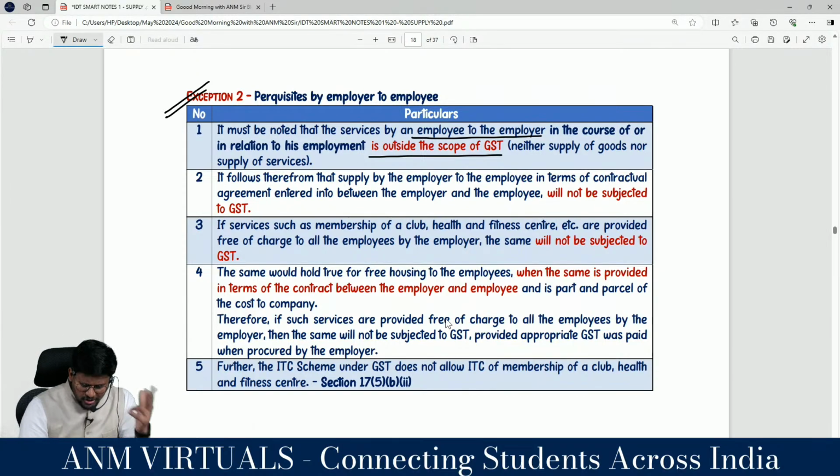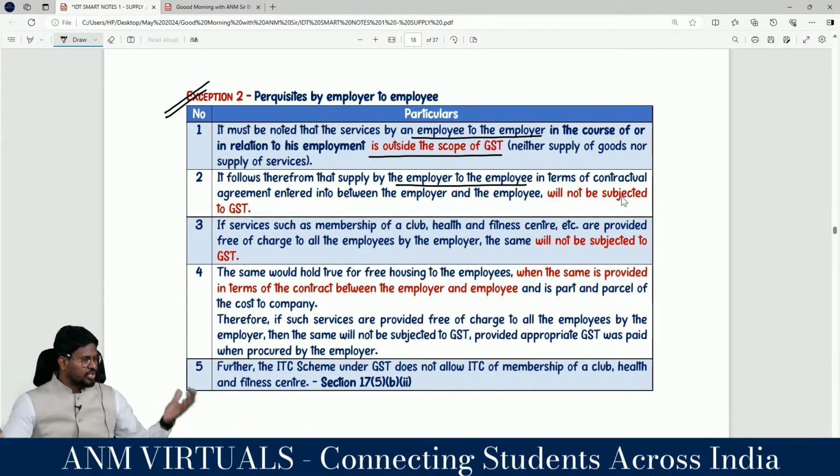It follows that supply by the employee to the employer in terms of the contractual agreement entered into between them will not be subject to GST. If a service has been provided by the employee to the employer, this is covered in Schedule 3, whereas if the service has been provided by the employer to the employee, it is covered in Schedule 1.